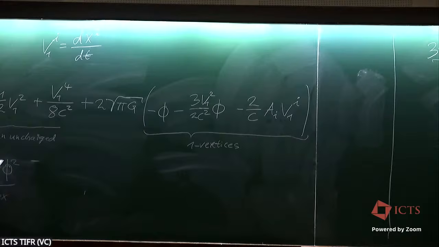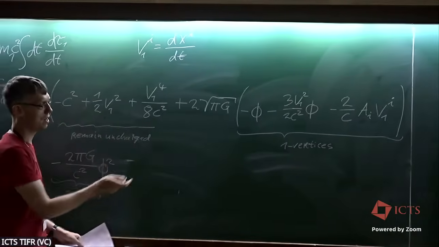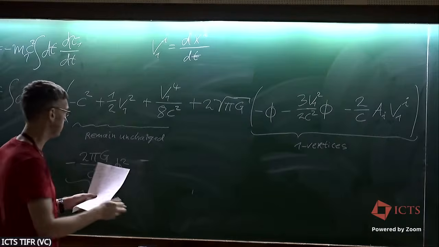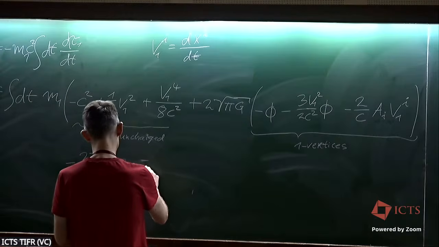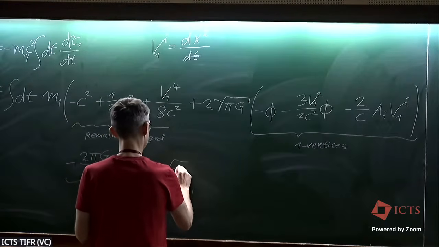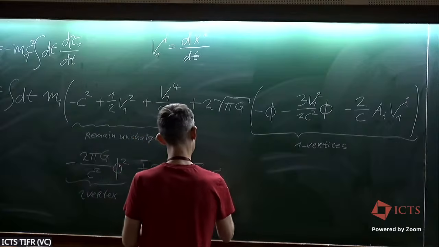So this gives a 2 vertex. And you may wonder, okay, where's the coupling to the sigma field? Well, this would also give a 1 vertex, and I'm going to write it down, but it will actually not contribute again. And I'll explain why in a second.